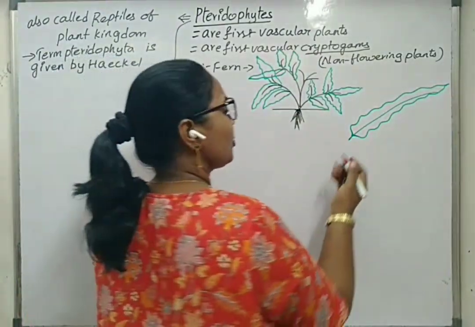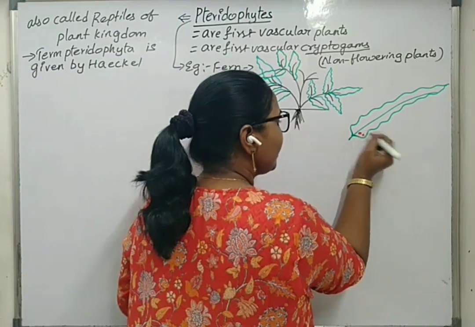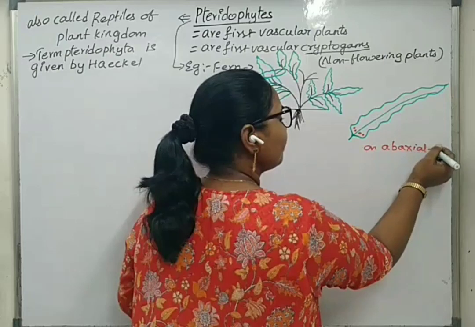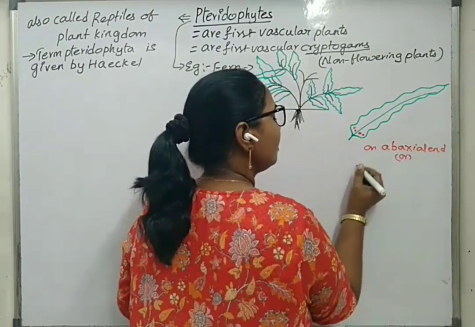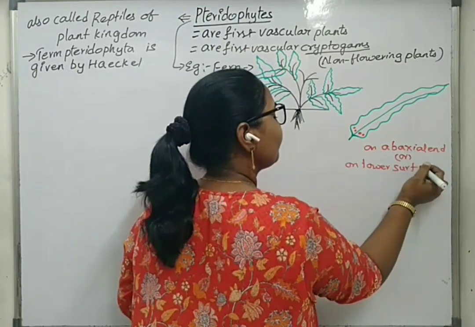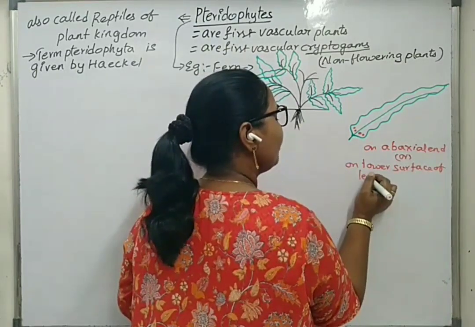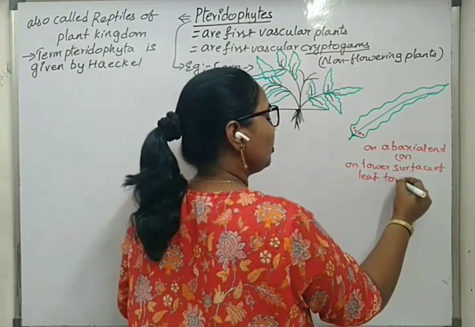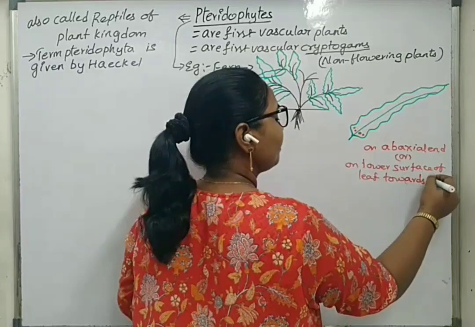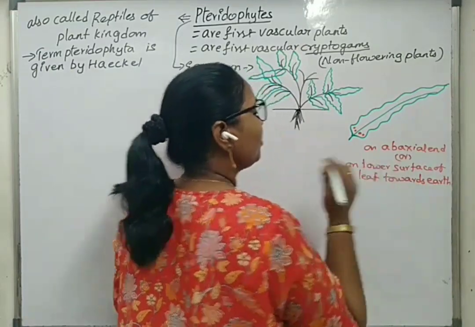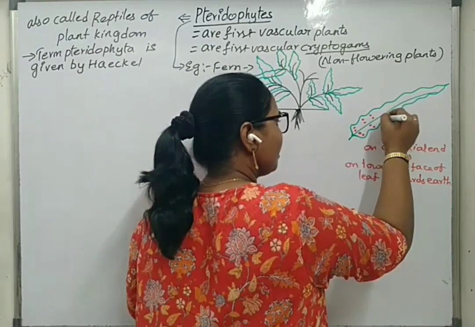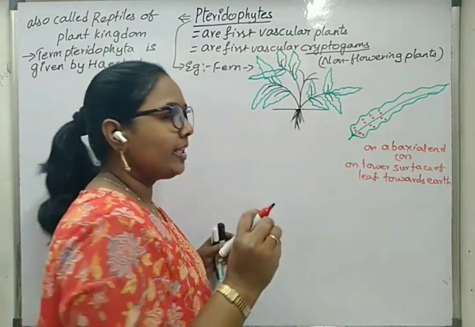Those are called sporangia. Towards the earth, there will be some special structures which are light brownish in color.